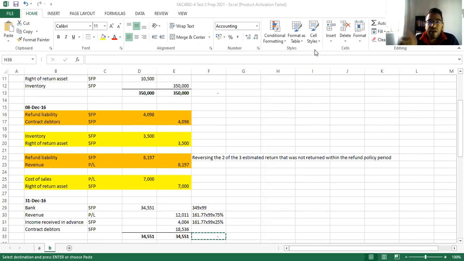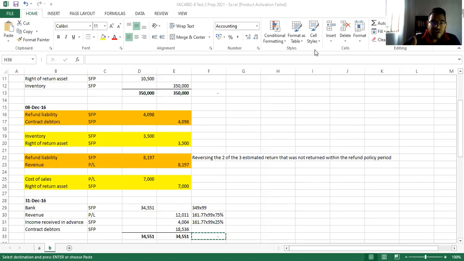So your debit is going to be split between cost of sales and the right of return asset based on the policy of refund. We know the policy of refund is 3%. So cost of sales will only be recognized to the extent of 97%.